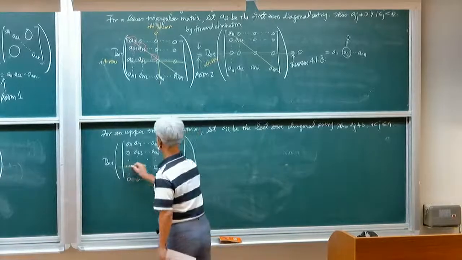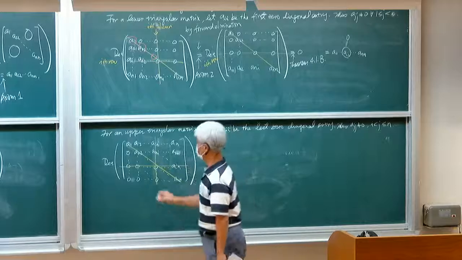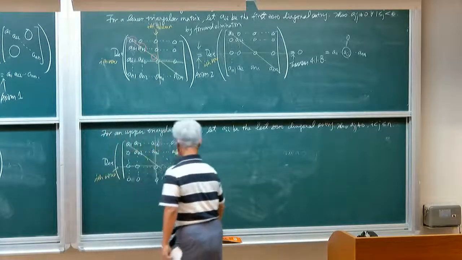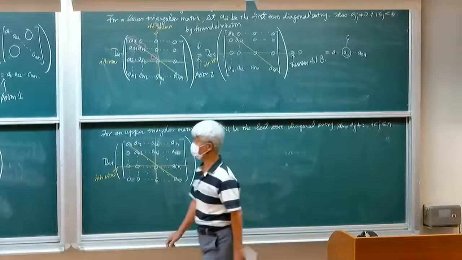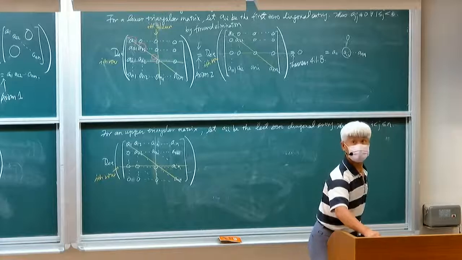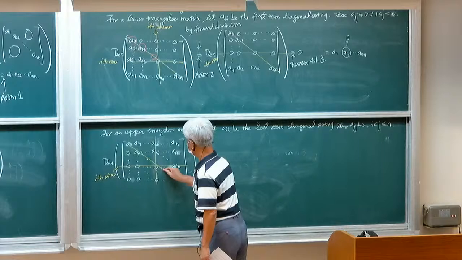Okay, so this is i0. Again, this is i0. And in here, they are non-zeros.